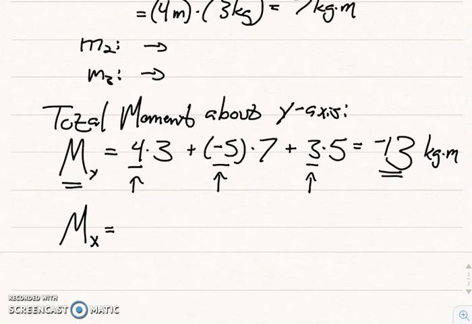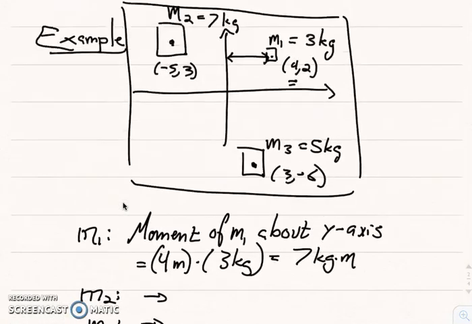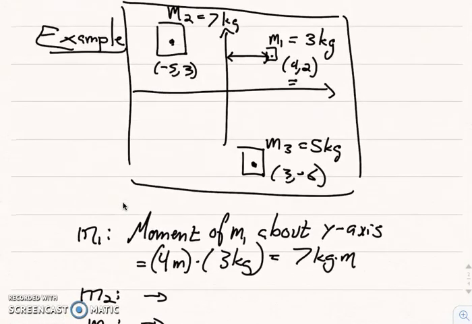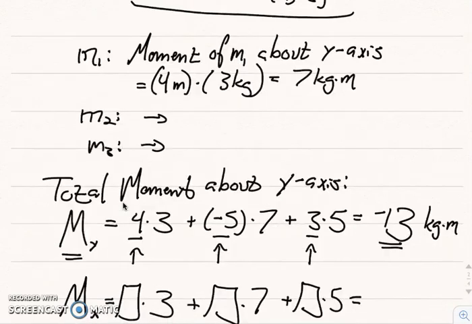That will be obtained by collecting all of the individual moments about the x-axis for the individual pieces. And this time we need not the x-coordinates, but the y-coordinates of these points. I'll fill these in, but they'll go in this box here, here, and here. For masses 1, 2, and 3, going back up to our figure, the y-coordinates are 2, 3, and -6.